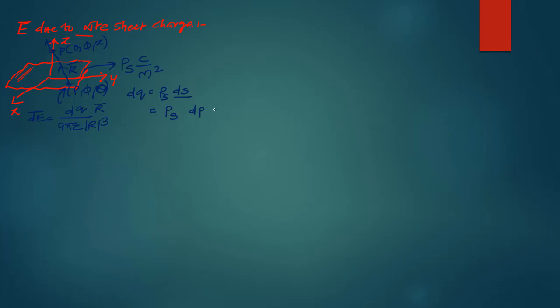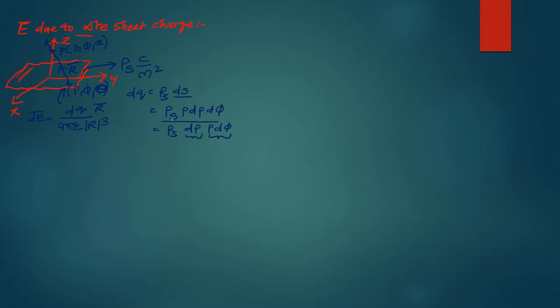When you take the change in phi, the differential length is rho d phi. So d rho is one differential length, rho d phi is another differential length. If you multiply these two, you will get the differential area. That is what I have written here.